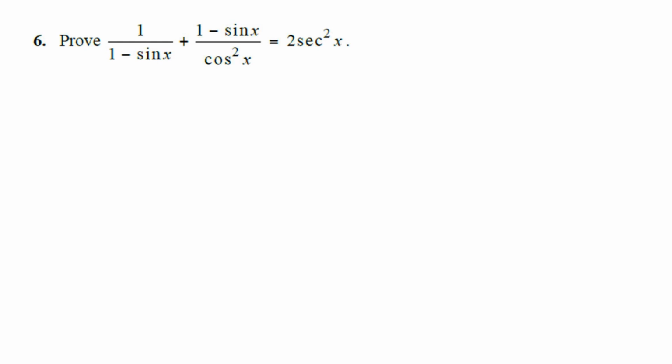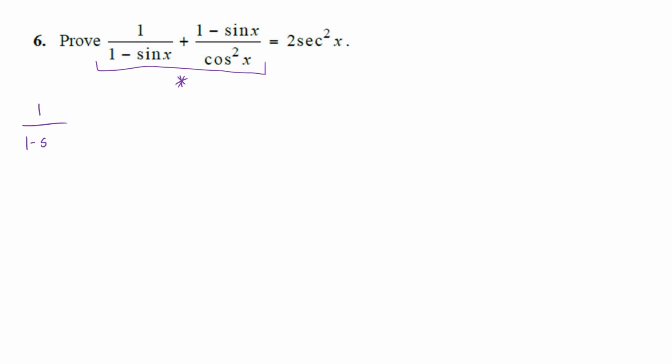All right, prove 1 over 1 minus sine x plus 1 minus sine x over cosine squared x equals 2 secant squared x. So I don't know about you, but that left side looks a little bit complicated. So that's exactly what we're going to be working with.